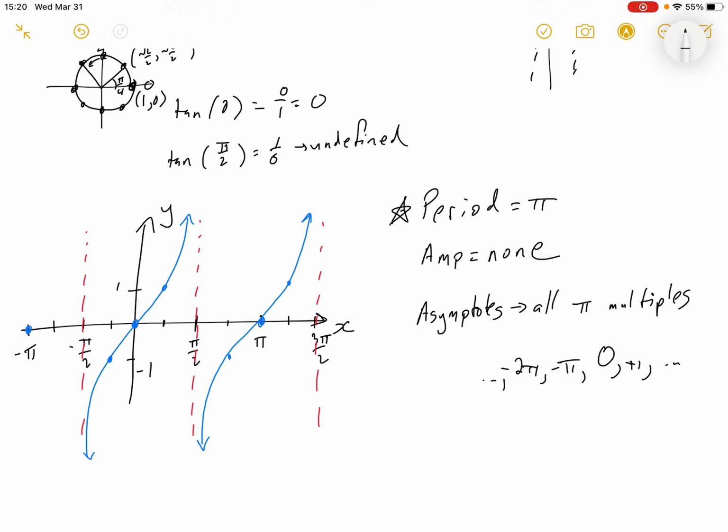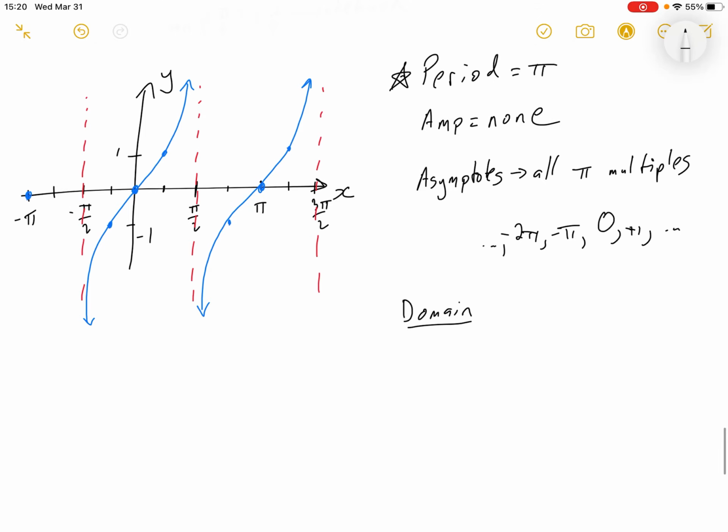We also could talk about the domain and range. So the domain is all real numbers except its asymptotes, except multiples of pi. And the range for tangent, and actually cotangent as well, is going to be all real numbers.